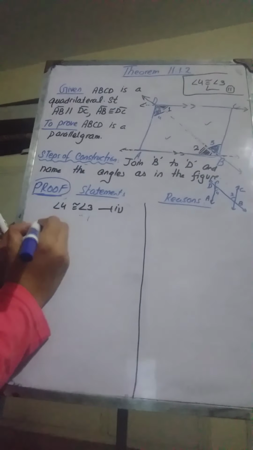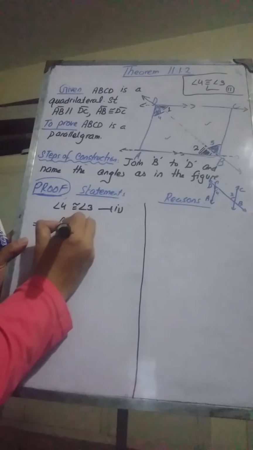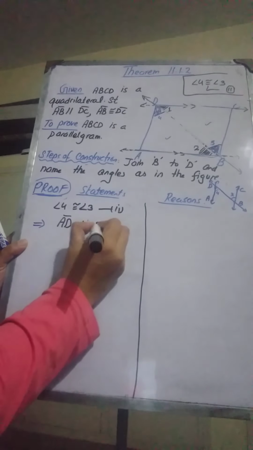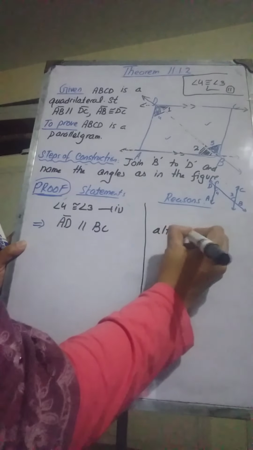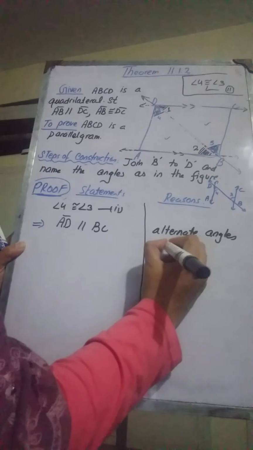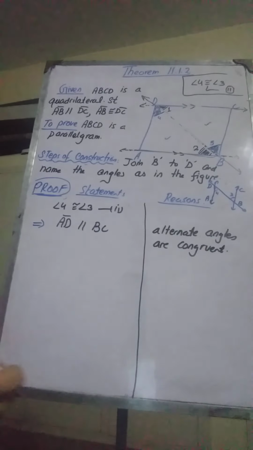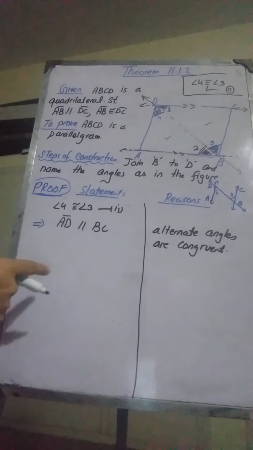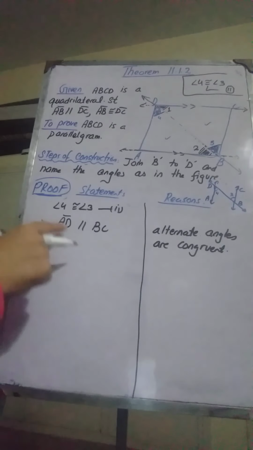This implies that AD will be parallel to BC because the alternate angles are congruent. Whenever we have the alternate angles congruent, then the lines are always parallel. This is the theorem we have proved in class 8, and I discussed it before starting the proof of this theorem. So AD is parallel to BC.